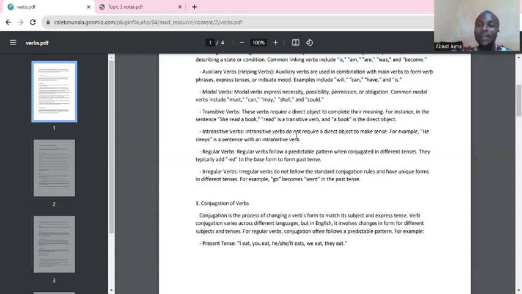So that gives us a difference from the transitive verb above. She read a book, whereby read takes a direct object, the object book.